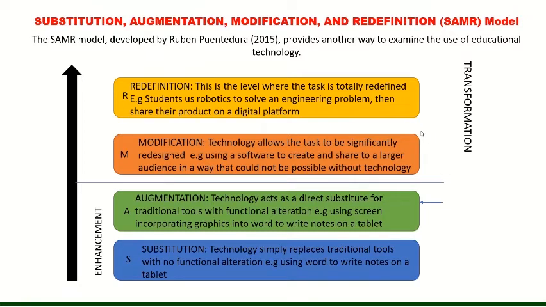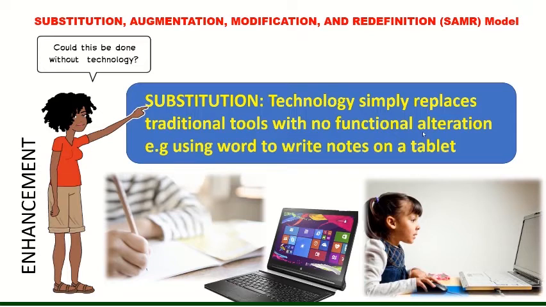And so what I want to do is go briefly over each one of these to explain what they actually mean. In substitution, if a teacher is using technology as a substitute for regular traditional paper and pencil or things that you'd normally use in the class, the question she should ask herself would be, could this be done without technology?